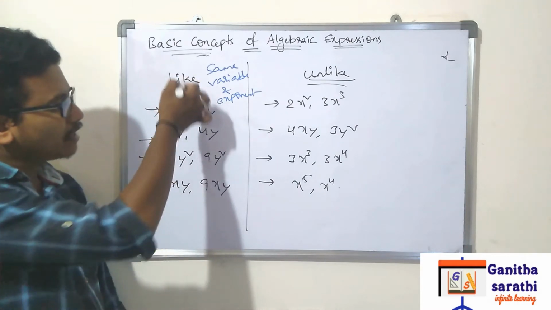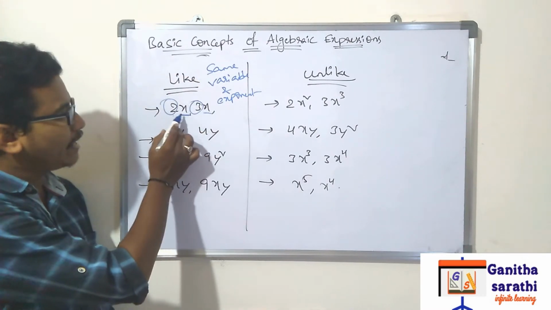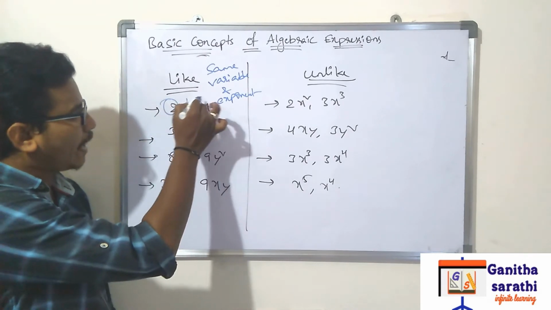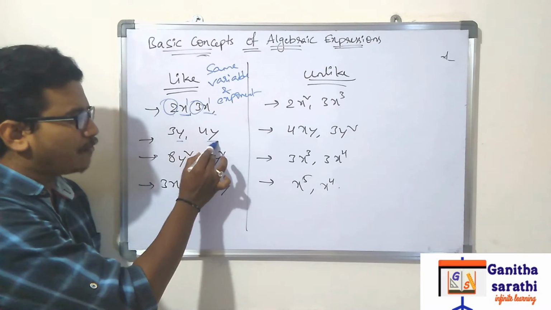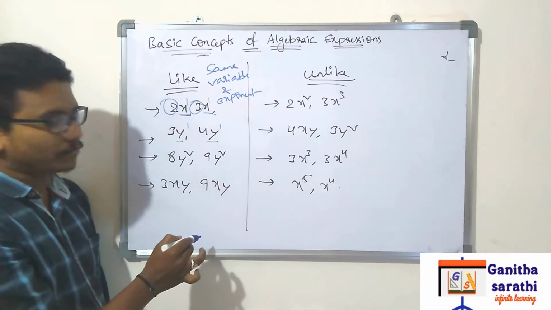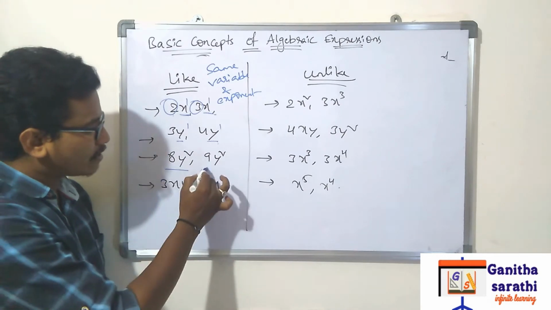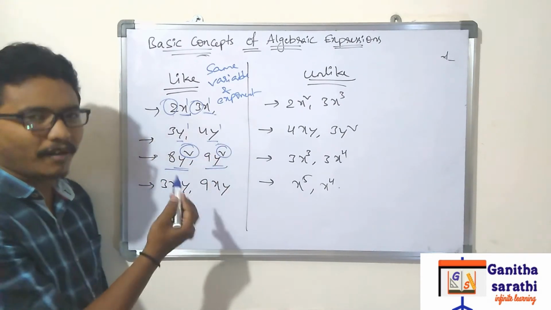So if you observe the examples which I have written on the board, 2x and 3x, here x is the common variable and the power is 1 for these two. Here 3y and 4y, y is the common variable and 1 is the power. Here 8y square, 9y square, 2 is the common power and y is the common variable.